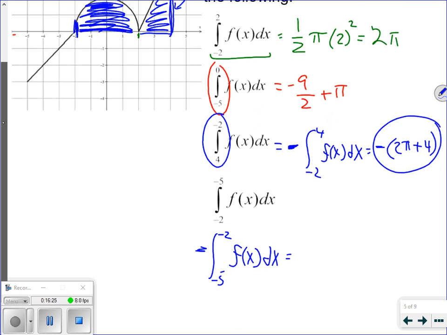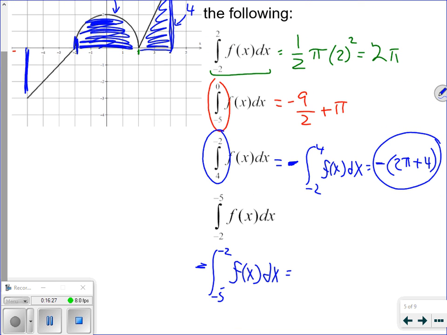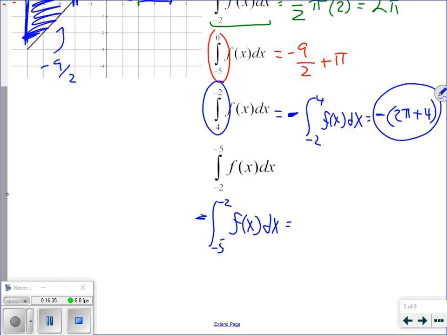So we're doing negative 5 to negative 2, which I already know what this area was from a previous problem. That was negative 9 halves. So this is equal to negative 9 halves, which is positive 9 halves. So it was the same answer as before, but because we're going backwards, it makes that negative area now positive. So a negative kind of cancels each other out, which is a pretty interesting concept.